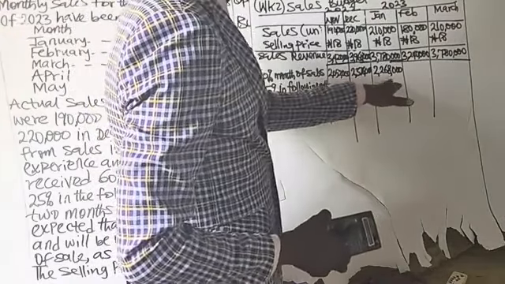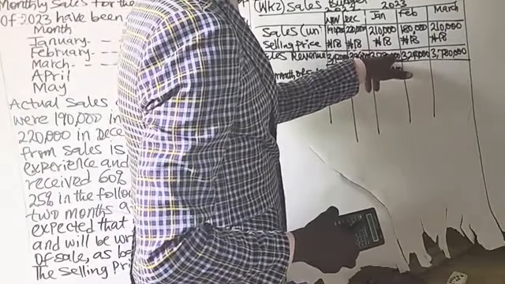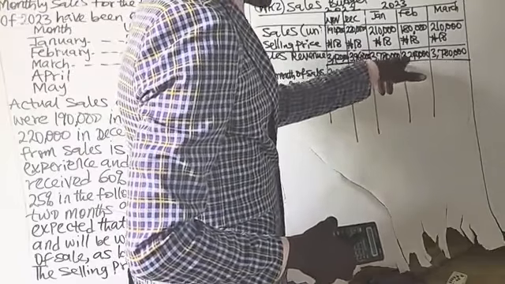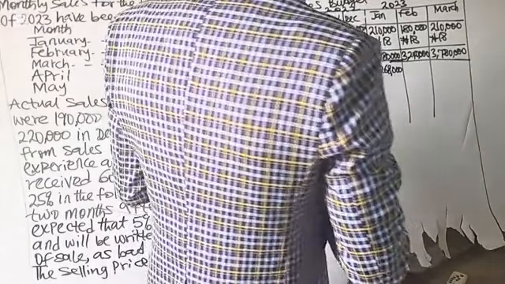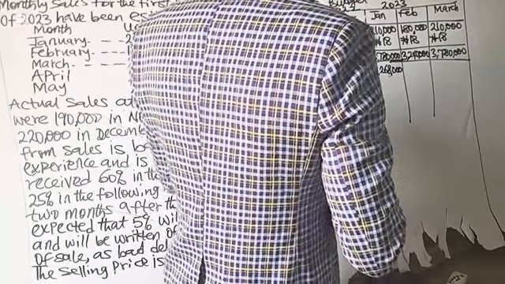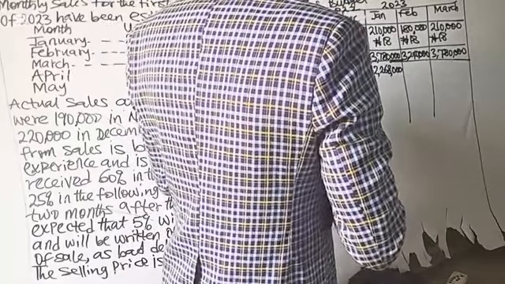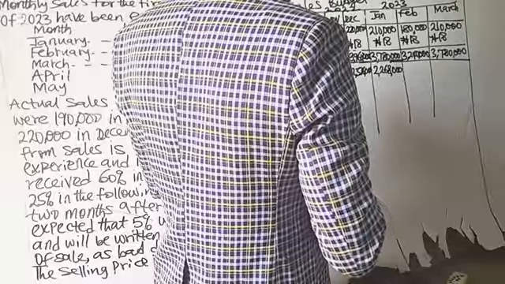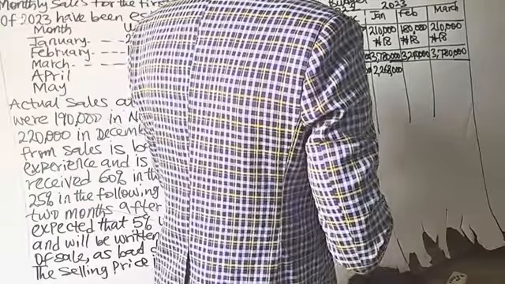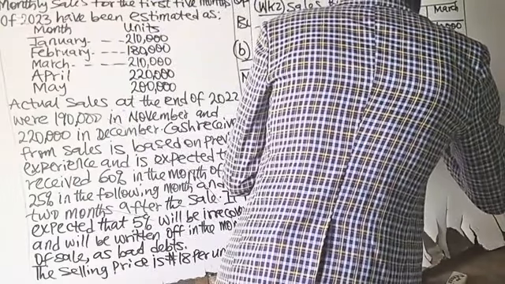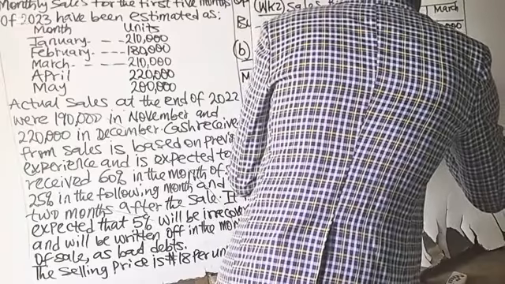So of the sales that were made, 3,780,000, 60% of it will be received that very month. For the month of February, 3,240,000, 60% of that gives us 1,944,000.